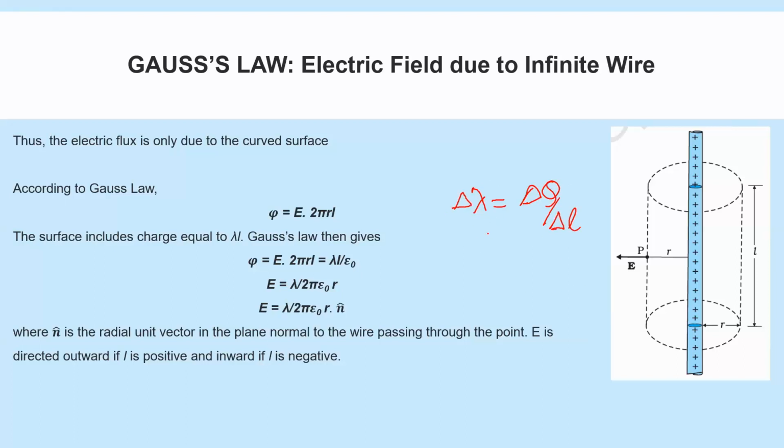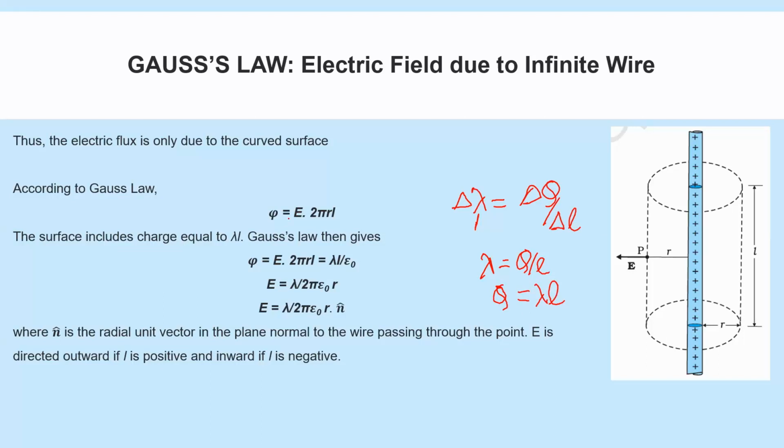If you consider the linear charge density of the entire wire, that is going to be lambda equals Q by L. So what is going to be your Q over here? Q is going to be lambda L.